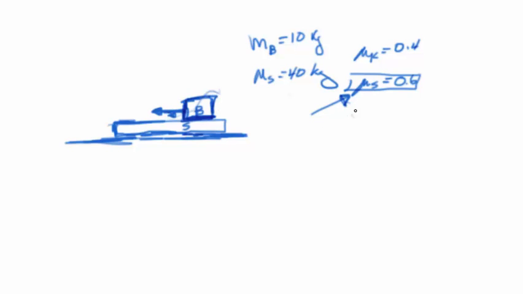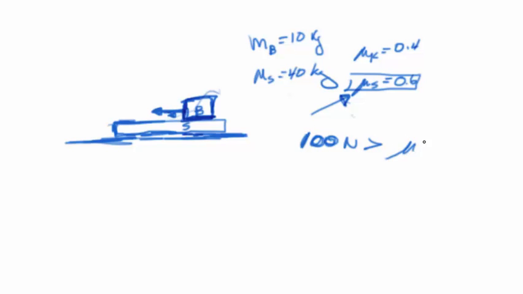The fact that you found that when you plugged in, if we find the force, what is it? We have 100 newtons, which is going to be greater than the force of static friction, right?